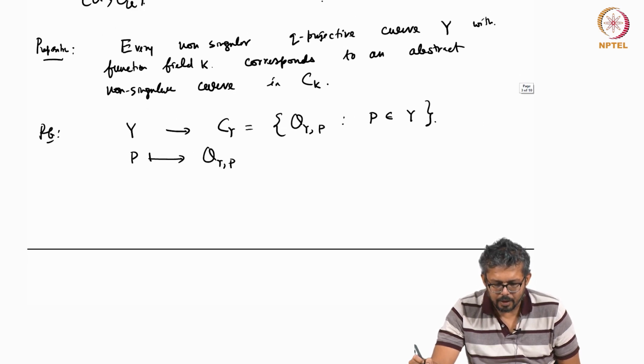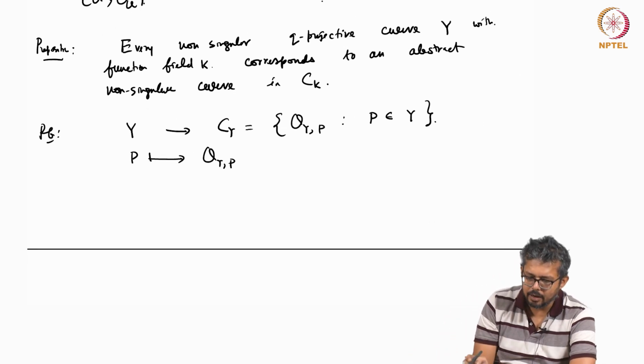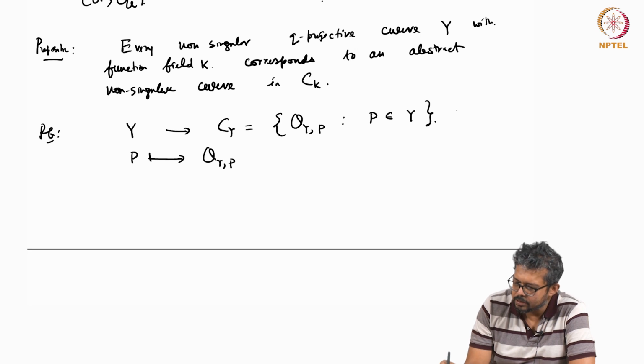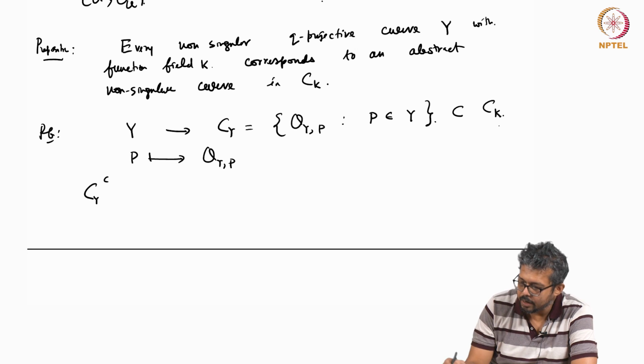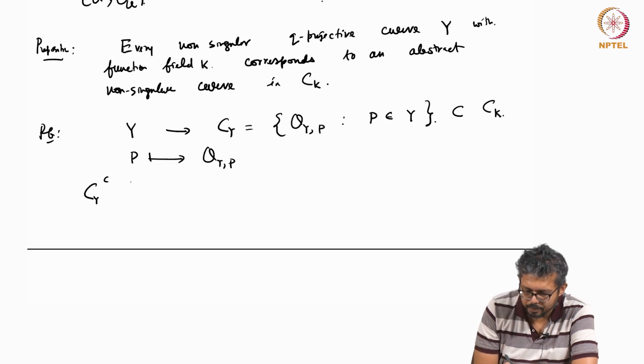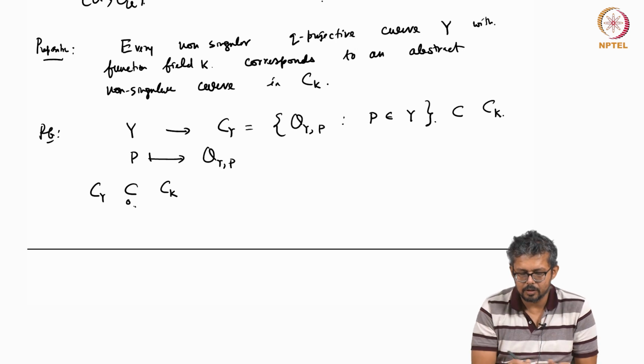Okay, and then the first step is that this set is cofinite. That means this is inside C_K, because they are DVRs, and the complement of C_Y in C_K is finite, or C_Y is an open subset. So this is the first claim, claim 1.